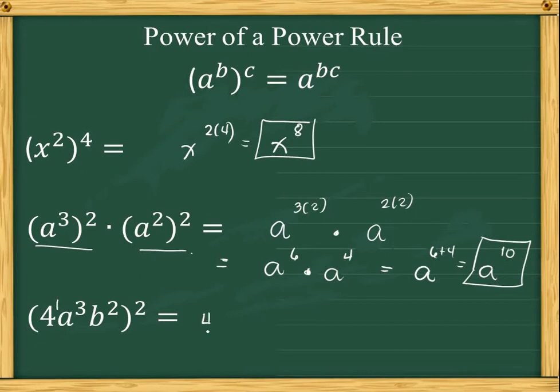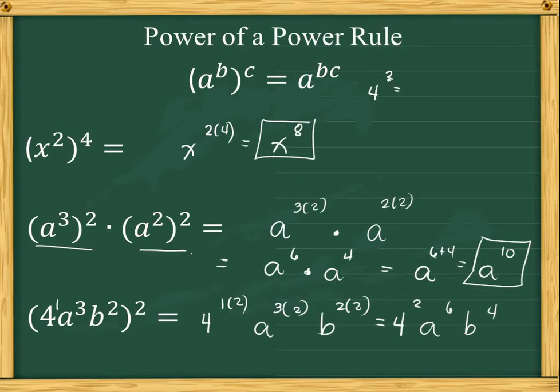So, 4 raised to 1 times 2, A raised to 3 times 2, B raised to 2 times 2. Simplifying this one, 4 raised to 1 times 2 is 2, A raised to 3 times 2 is 6, B raised to 2 times 2 is 4.